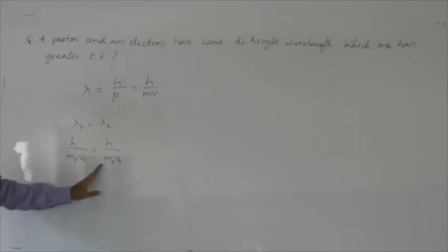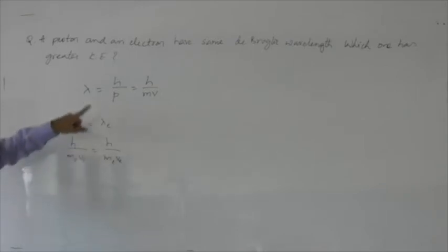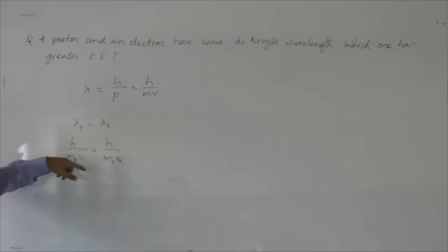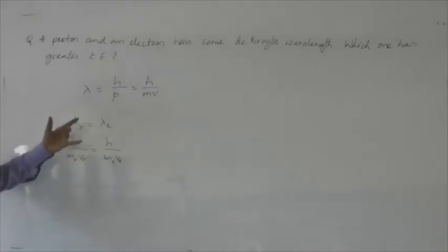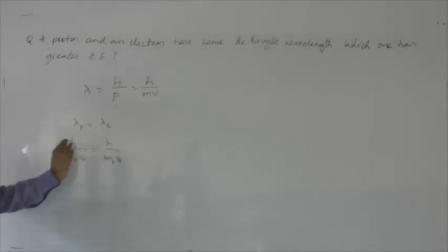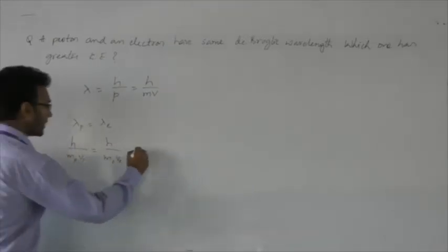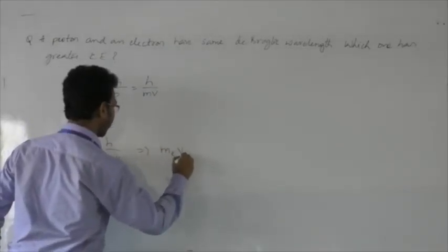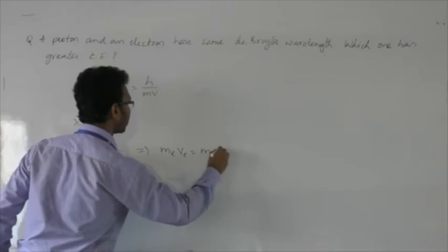So we have this equation. We know that the mass of electron is lesser than the mass of proton. Since h is common here, I can write it as me ve equals mp vp.